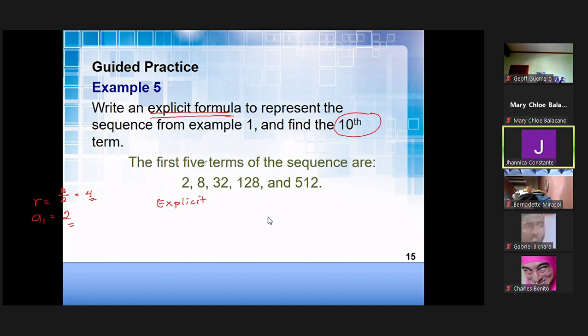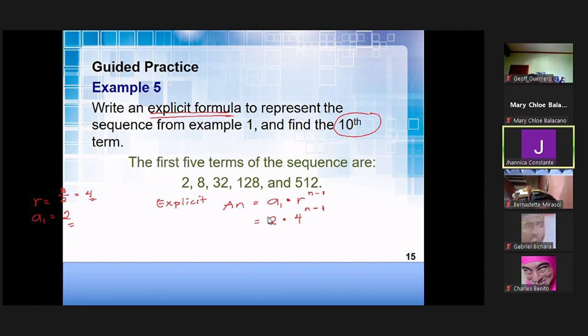Explicit formula of geometric sequence is in a form of a sub n equals to the first term multiplied to the common ratio raised to n minus 1. Since we have the value of first term, which is 2, times the common ratio, which is 4, raised to n minus 1.